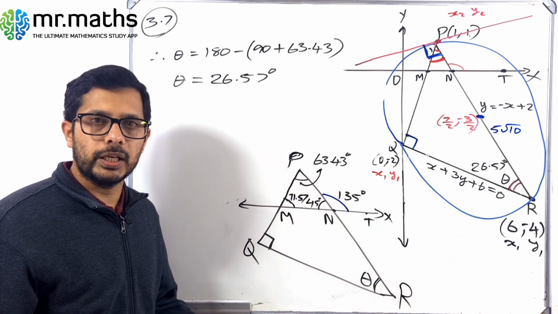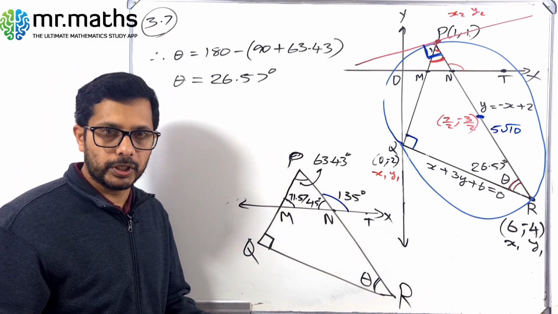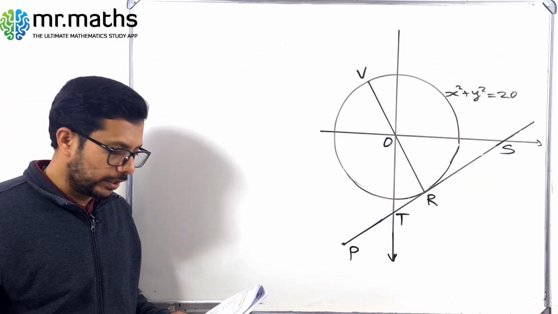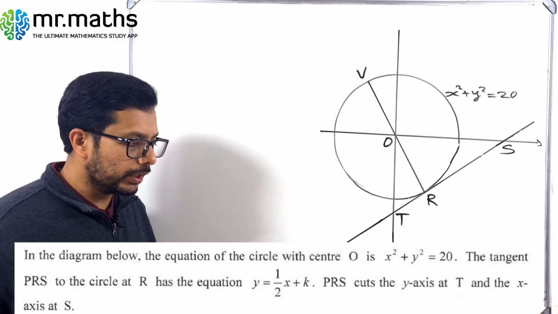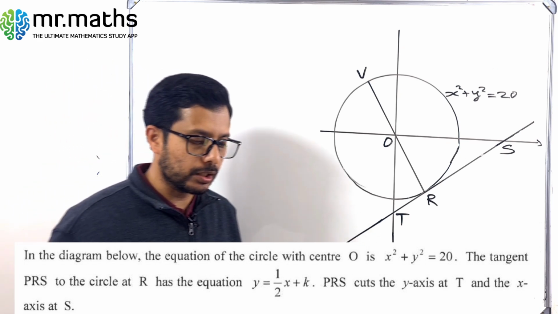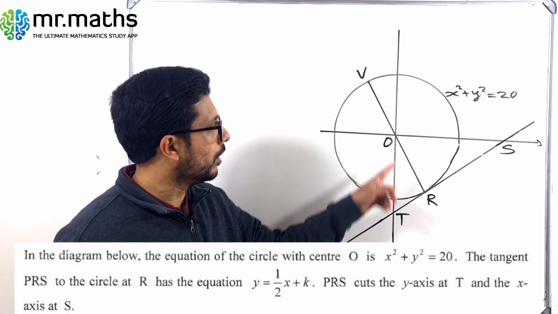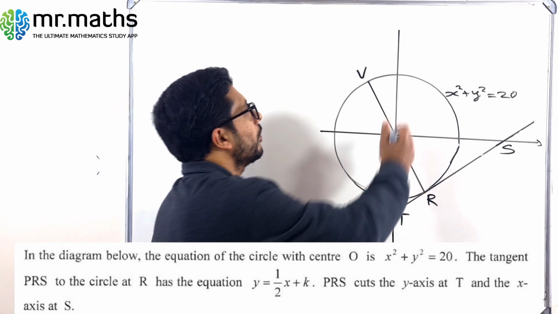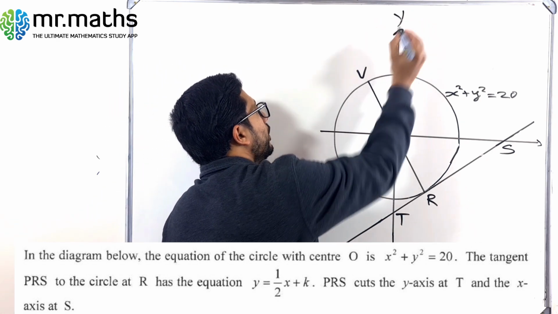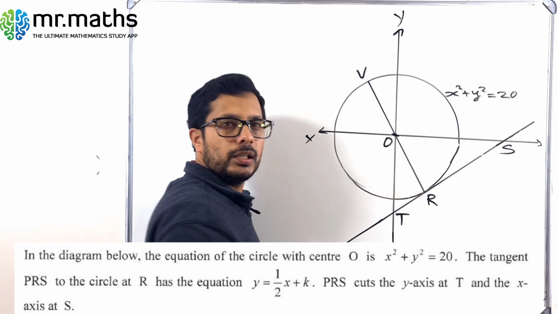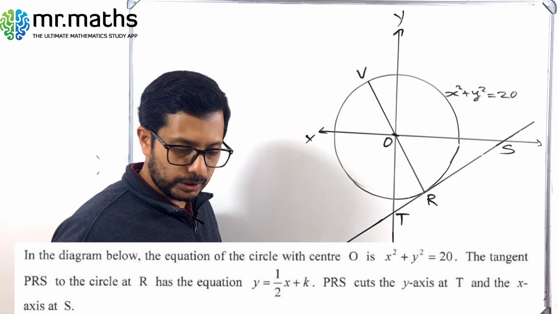Now let's move to the next question, question number 4. In the diagram below, the equation of the circle with center O is x squared plus y squared equal to 20. So there is a circle, this is the y-axis and this one is the x-axis. The center of the circle is the origin, 0, 0.